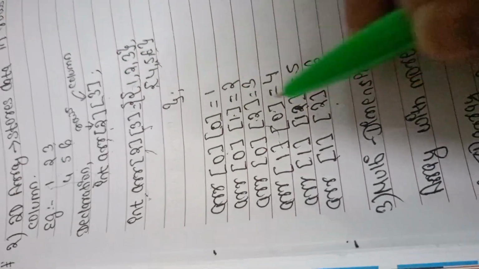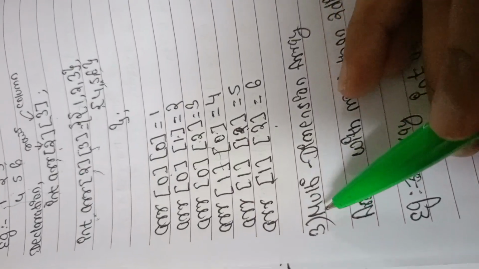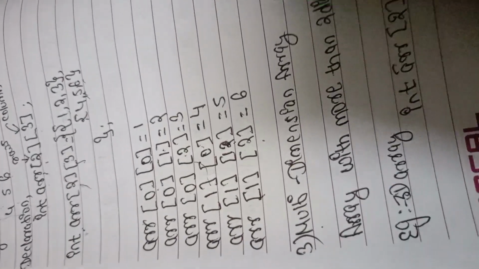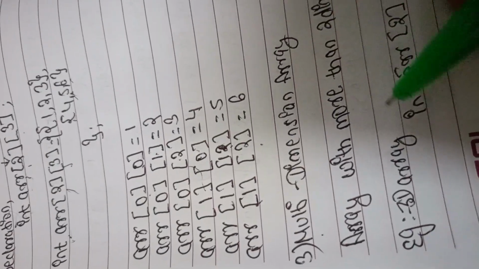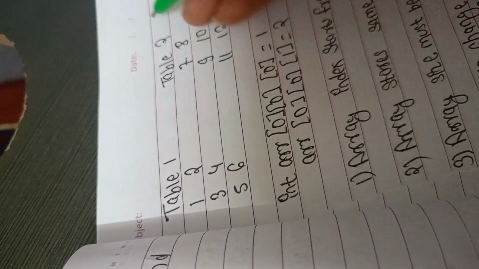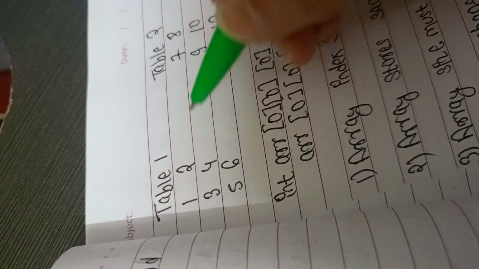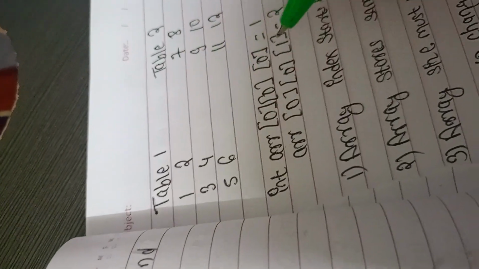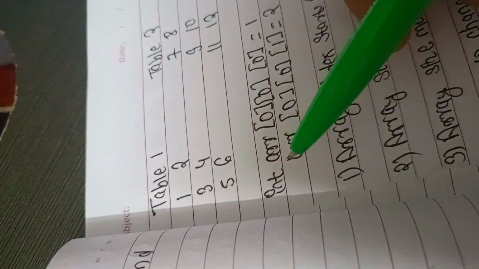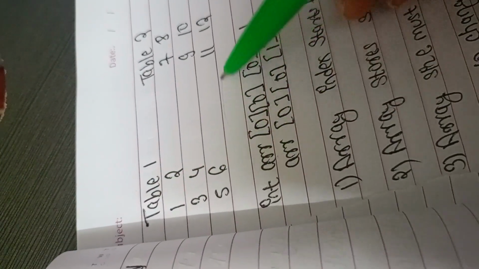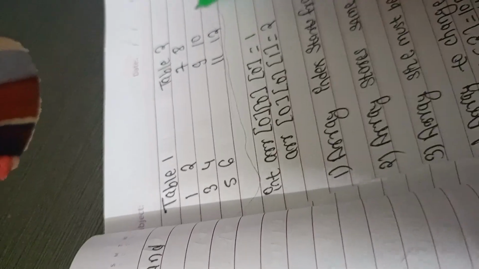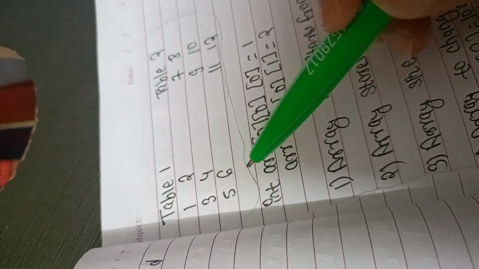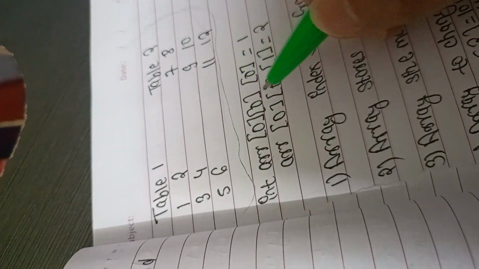We will see later on. So we have another type, which is the multi-dimension array. That means an array with more than two dimensions, like a 3D array. For example, we have two tables, table 1 and table 2, right? How can we print it? First of all, initializing. How is this table going to be placed in the code?